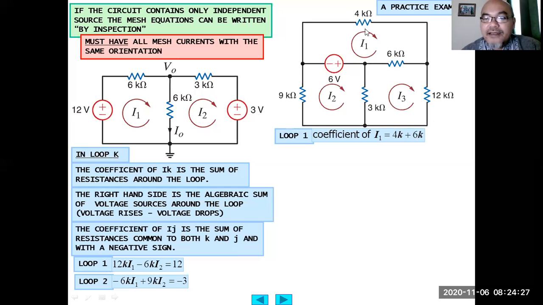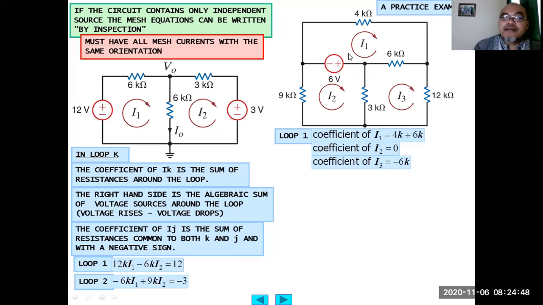Coefficient of I3 in this loop will be negative, negative 6k. Coefficient of I2, we don't know because there's no resistance in the independent voltage source here, so in this case, we just put 0, because this voltage source will be moved to the right hand side of the equation.